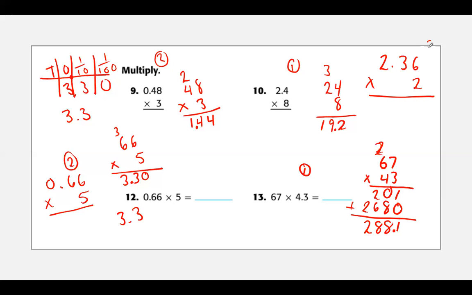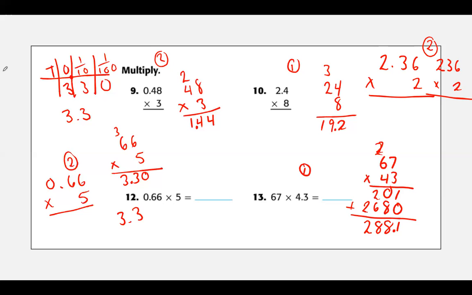I have 2. Okay, write it down, circle it. Now you multiply as usual. You can either do it like that, or remember, you can write it without the decimal point. Doesn't matter, you're going to get the same answer. The most important thing is putting the decimal point back in the right place afterwards.